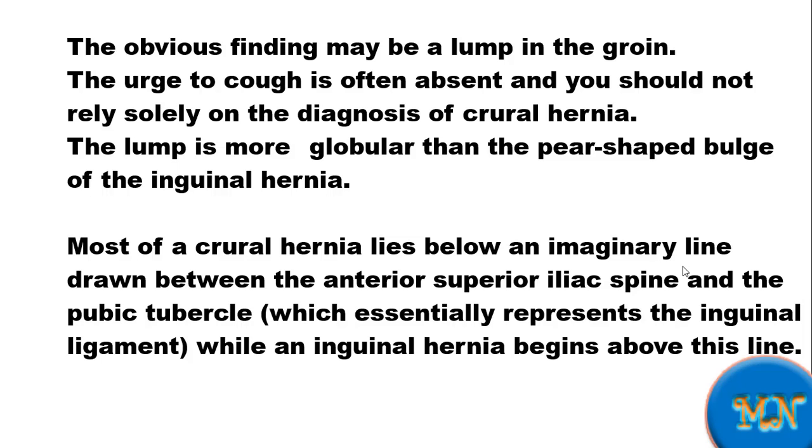Most of a crural hernia lie below an imaginary line drawn between the inferior superior iliac spine and the pubic tubercle, which essentially represent the inguinal ligament, while an inguinal hernia begins above this line.